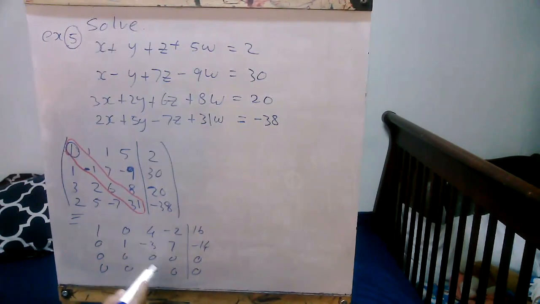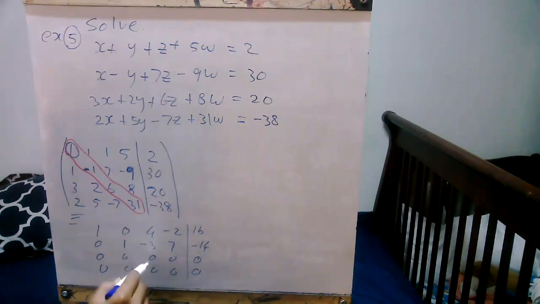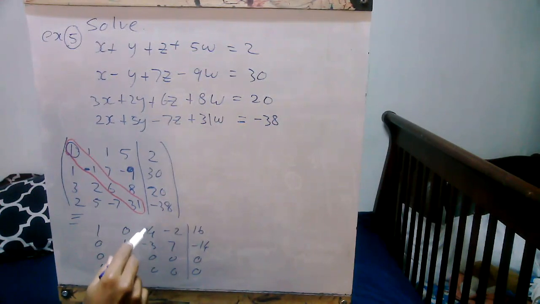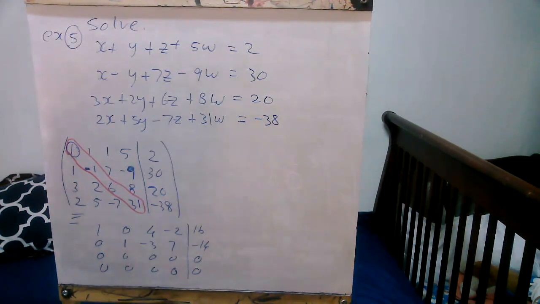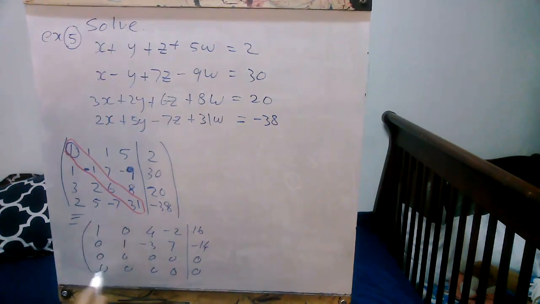Once this diagonal element becomes 0, you cannot make any of these column elements 0. Right?